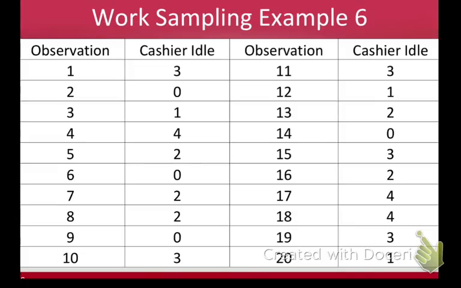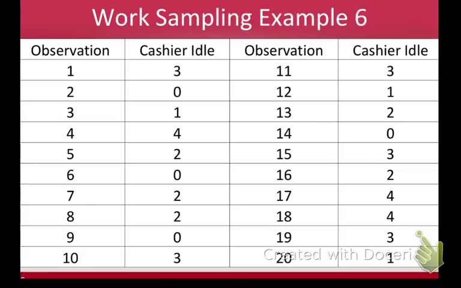Now, we are also given the following data. So for the 20-day period of the observation, the following are the number of cashiers that were observed idle during which the observation was conducted. So example, for the first observation, so 3 cashiers out of 10 stations were idle. Sa second observation, so lahat ng stations ay working.